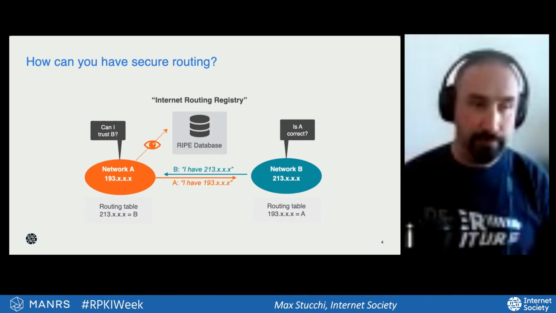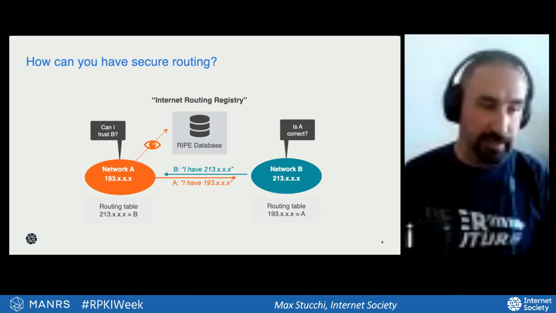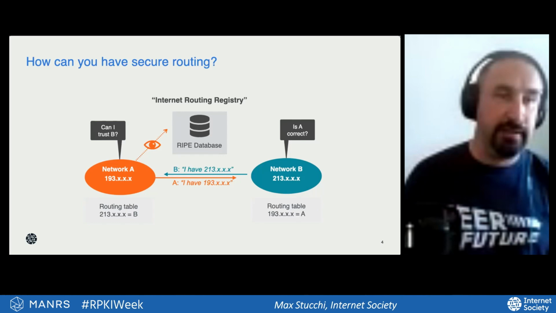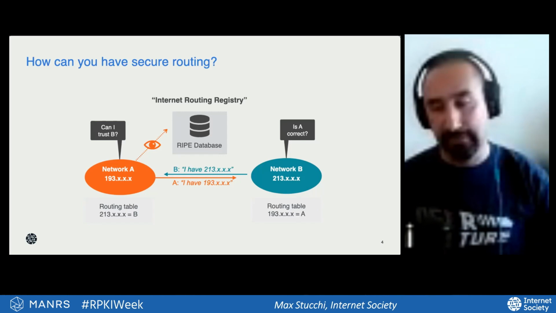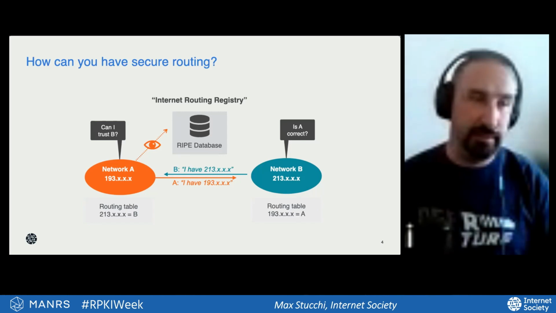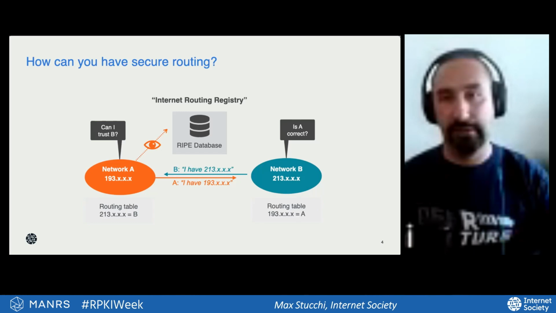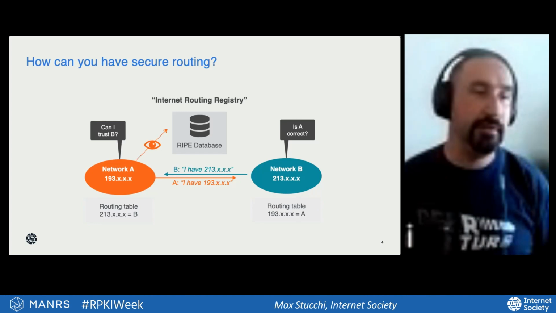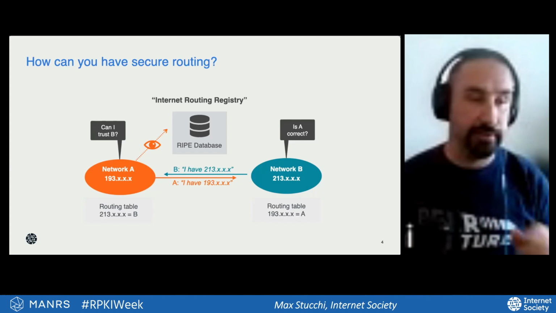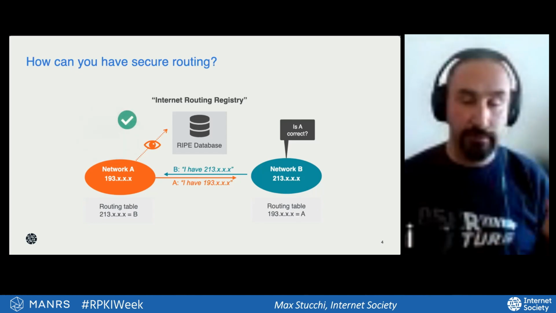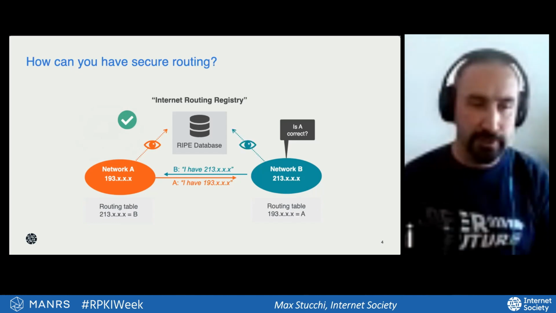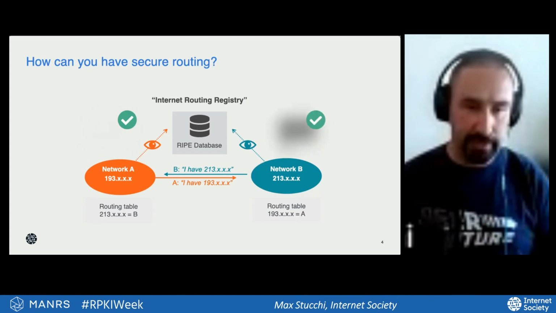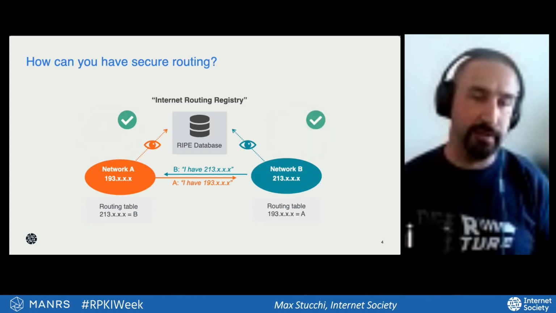They tell us 213.xxx should be seen as announced by network B. And then network A can query this RIPE database the same way he or she can query the LACNIC database, AFRINIC, APNIC, and ARIN, IRR, and some other IRRs. We'll get to that in a moment. But with a query, you can verify in a certain way and know that the data you've seen in BGP can sort of be trusted. There's not a full 100% trust, but you can have a certain degree of trust in there.